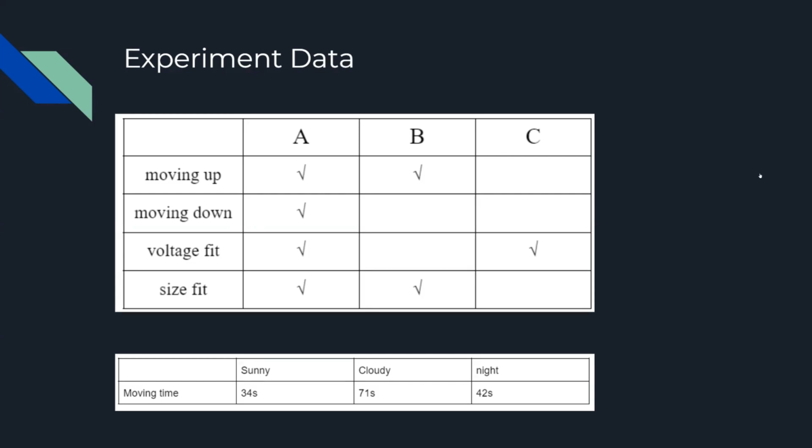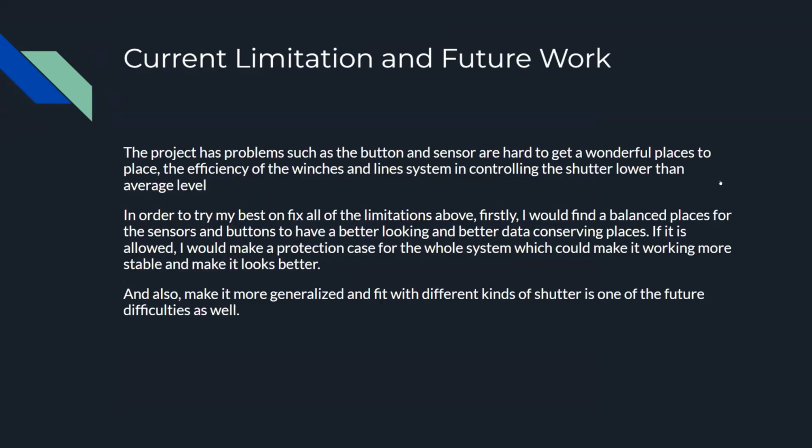This experiment also leads us to the future work and the current limitations. There are still some problems, such as the buttons and the sensors being hard to find good places to put, and the force of the winches and lines being lower than the average level because of the effect of friction.